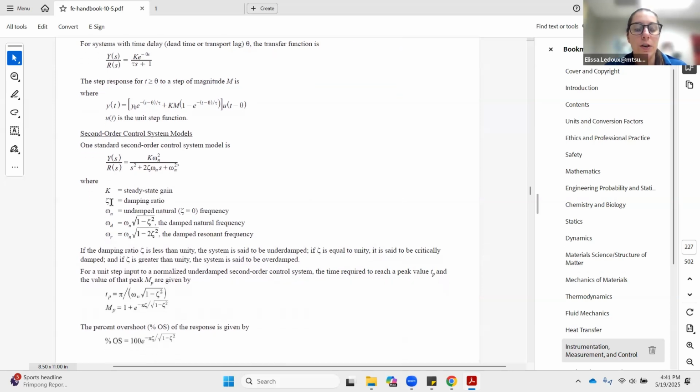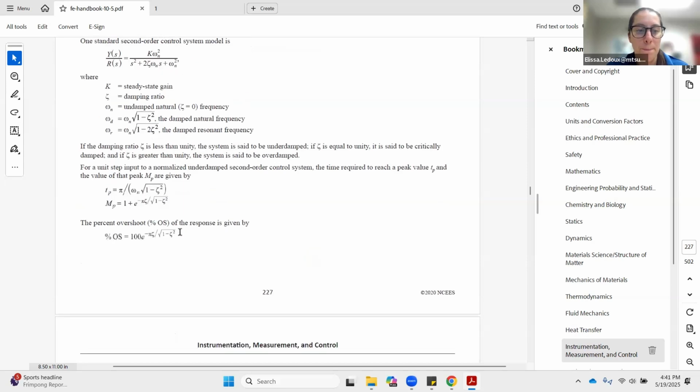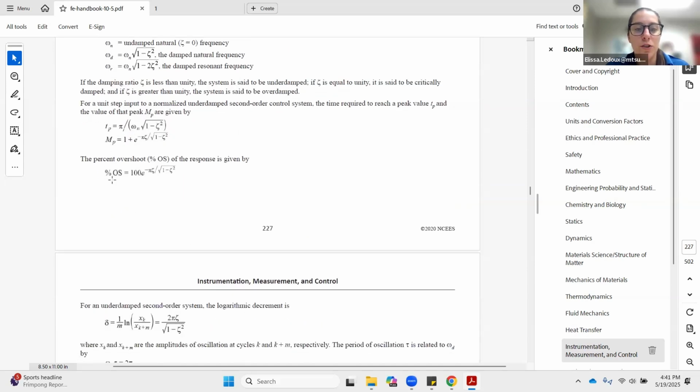Zeta is the damping ratio, and if zeta is greater than 1, then your second order system will look like a first order system as far as not having any oscillation. But if zeta is less than 1, it will still bounce around. The percent overshoot is what percent the signal passes up or overshoots the reference value on the first cycle.